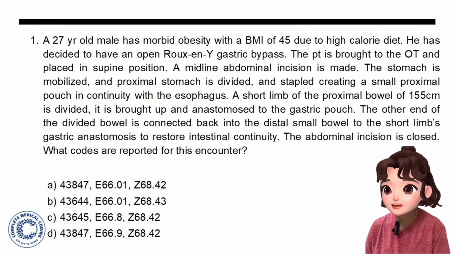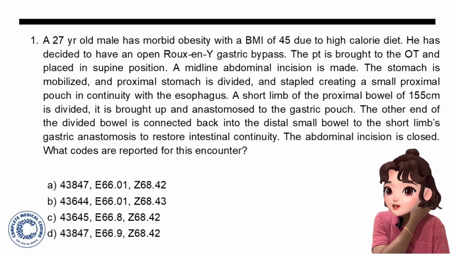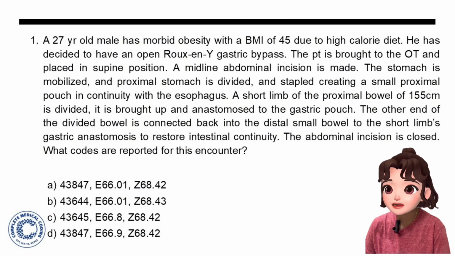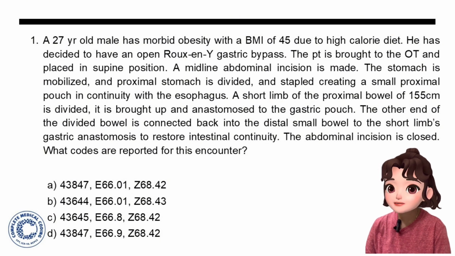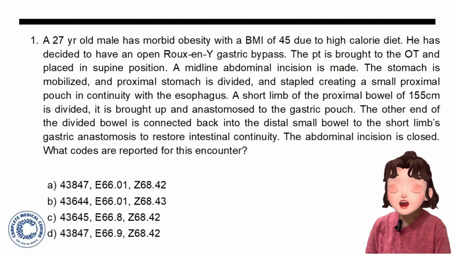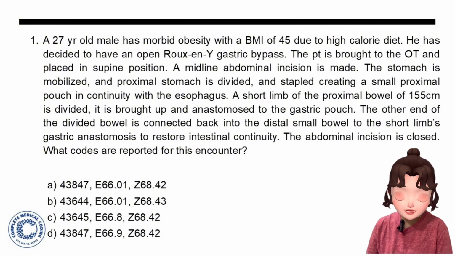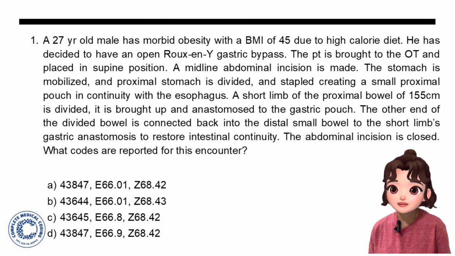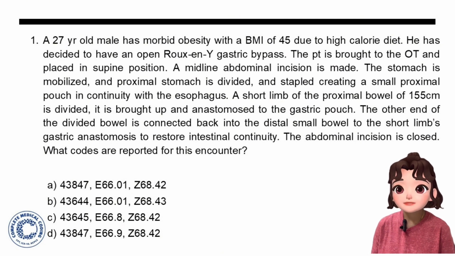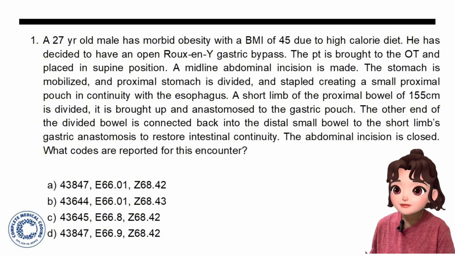Reconstruction of small intestine is also done. It is mentioned almost at the end: the other end of divided bowel is connected back to distal small bowel to short limb's gastric anastomosis to restore intestinal continuity. So that is intestinal reconstruction. So 43847 is the correct code.